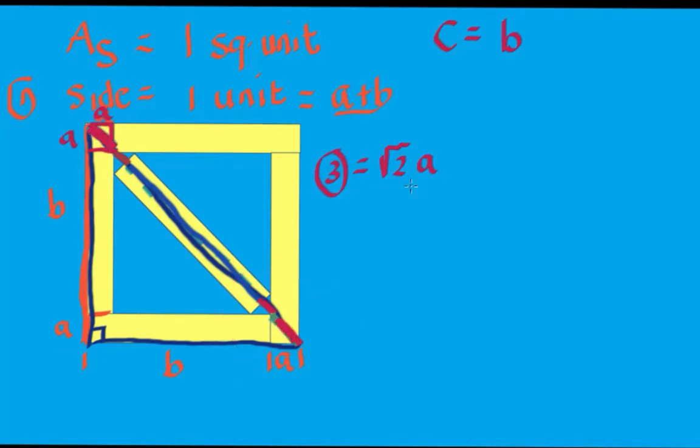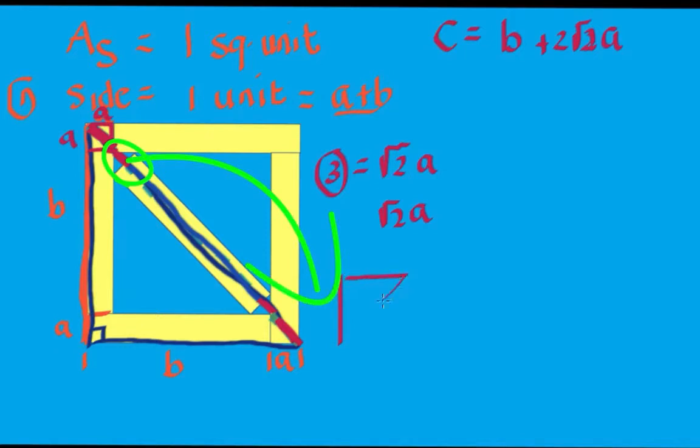This is another square root of 2 a. Putting these two together, this is equal to 2 square root of 2 times a. Next, we need to know what this distance is. Let's zoom that triangle out here. We want to know what this height is.